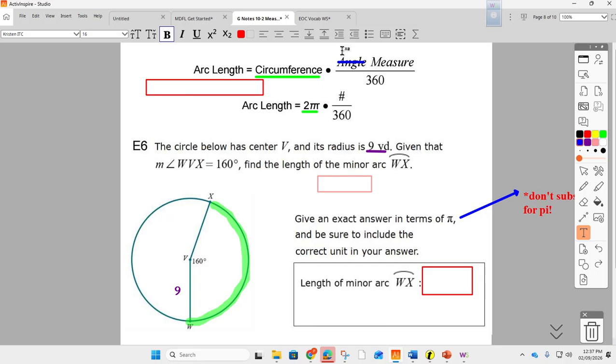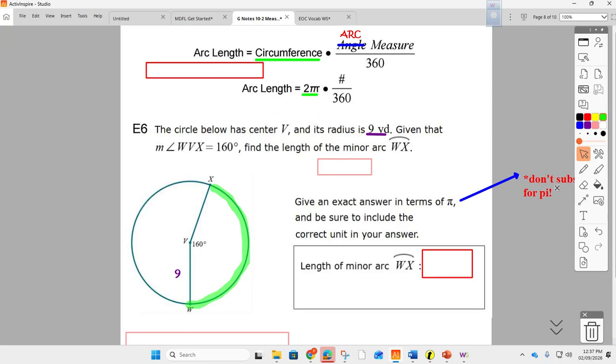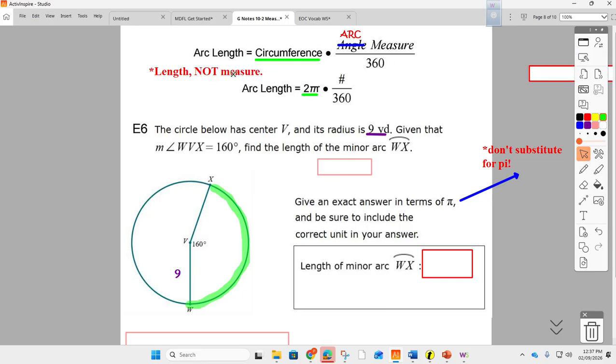The angle is not inaccurate, but we're talking about the arc, so we're going to use arc measure instead of angle measure for our terminology. Okay. So remember, this is length, not measure, so no degrees. We're going to use degrees, but our final answer is going to be a length.